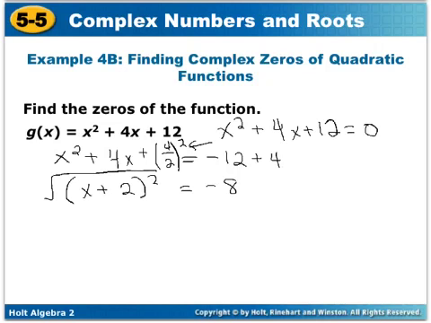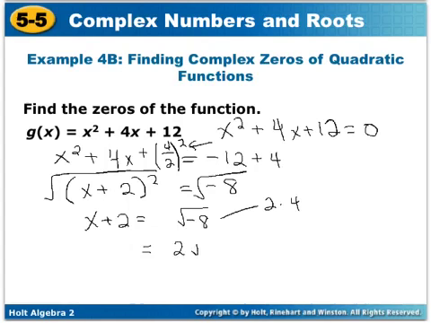Looks like we have another negative. Square root of both sides, x plus 2 equals square root of negative 8. Okay, let's deal with that square root of negative 8. 8 is 2 times 4. So that gives me 2 square roots of negative 1 times 2.